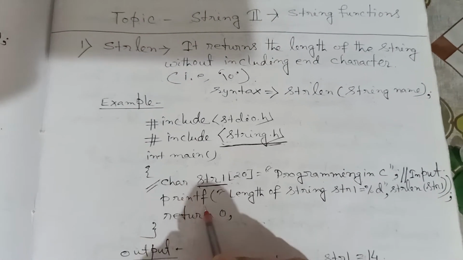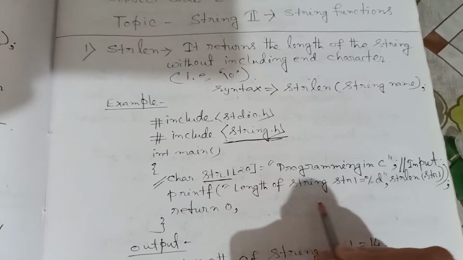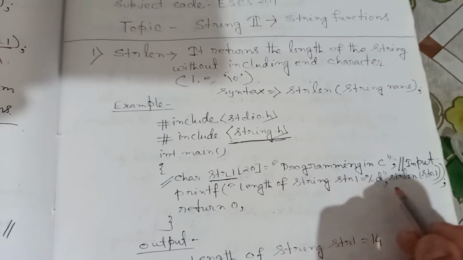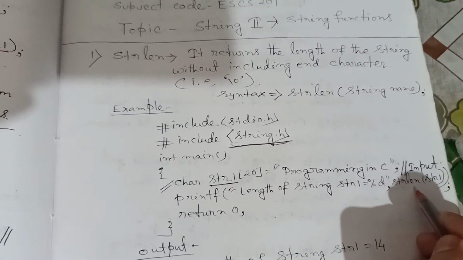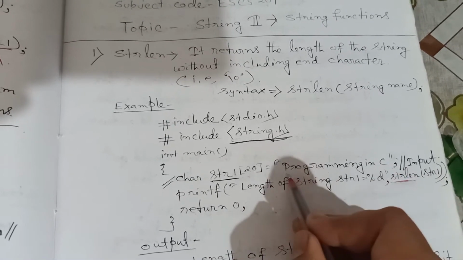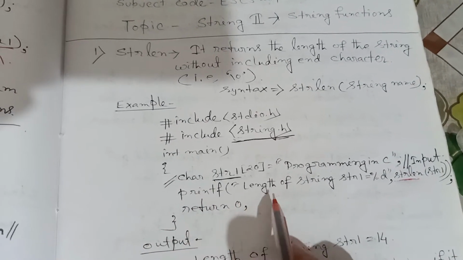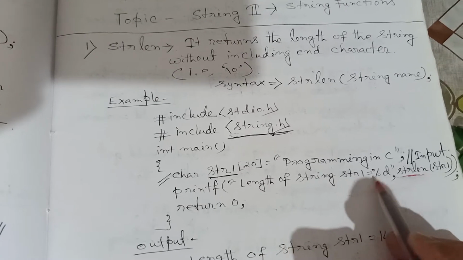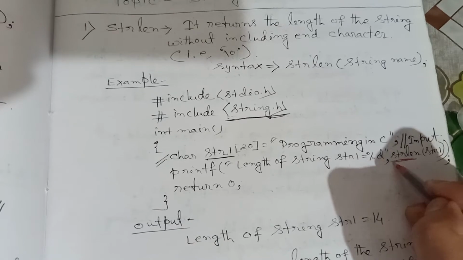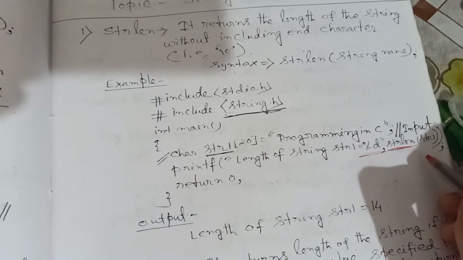So printf is used to display the string, but here as we use the strlen function, it should count the length of the string. So within the printf, "length of the string str equal to %d", as it counts the length, so we are using the %d format specifier.